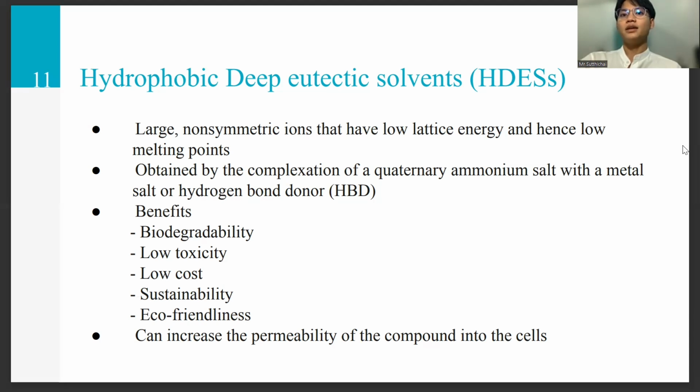HDESs provide many important benefits, including biodegradability, low toxicity, low cost, sustainability, and eco-friendliness. And for the critical property of HDES to be beneficially applied in this study, there is no need for a purification process after synthesis to acquire various polarities and high stability.